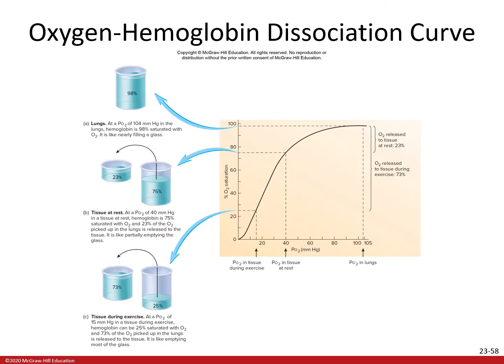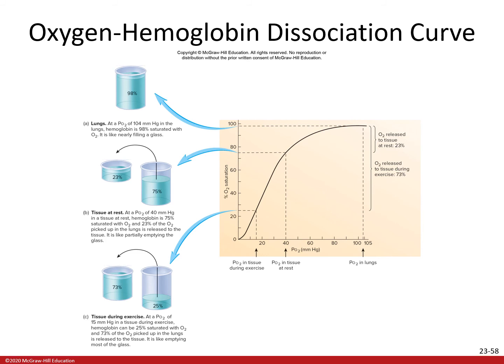Okay, so we do have this illustration and graph going hand in hand, showing that oxygen hemoglobin dissociation curve. It is showing the percent saturation of hemoglobin as a function of partial pressure oxygen. The ability of hemoglobin to pick up oxygen in the lungs and release it in the tissues is not dissimilar to a glass filling and emptying.